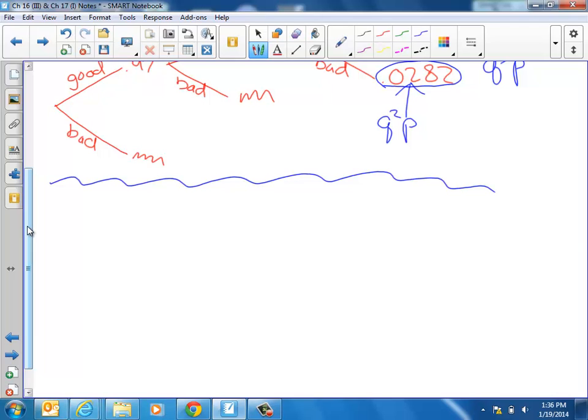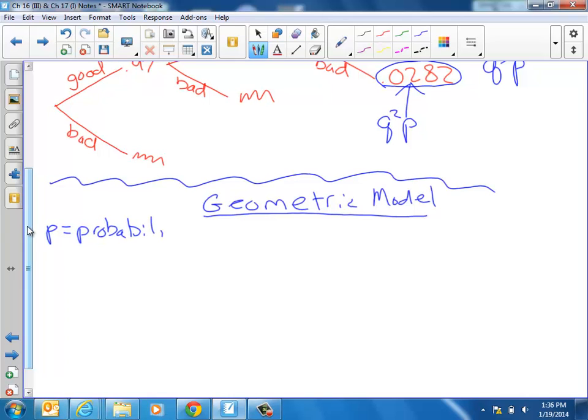In general, if you have Bernoulli trials, your geometric model is represented as follows. Every time, please write this. P is equal to the probability of a success.